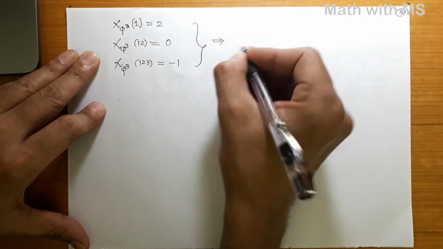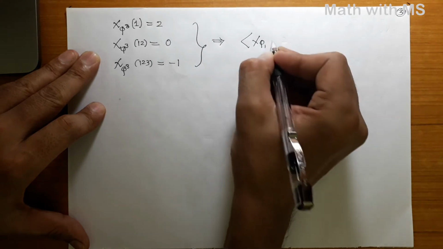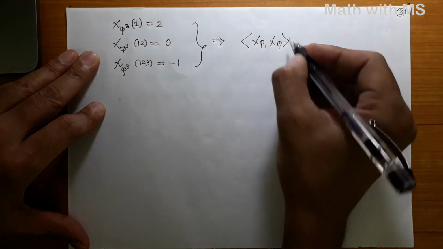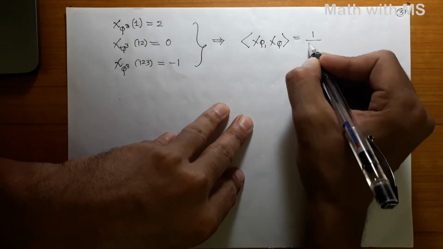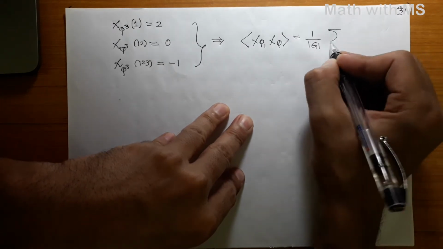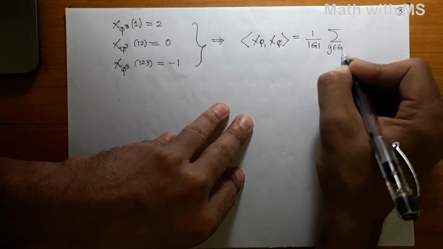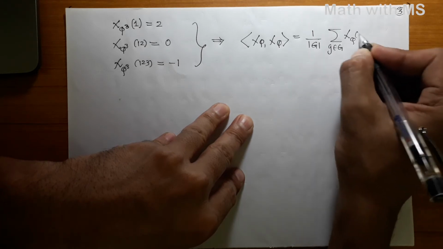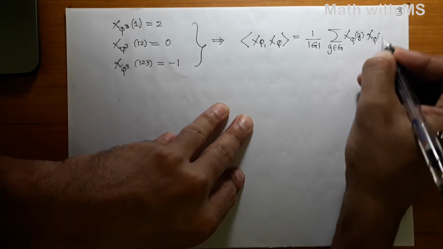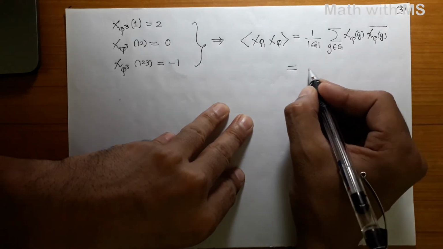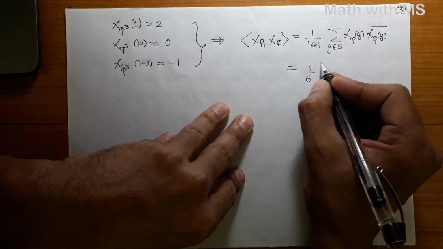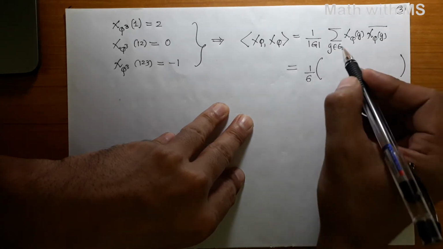This implies that the inner product of the character chi phi, which by definition is 1 over the order of the group G times the summation over g in the group G of chi phi of g times its conjugate, is the same as 1 upon 6 times the sum.